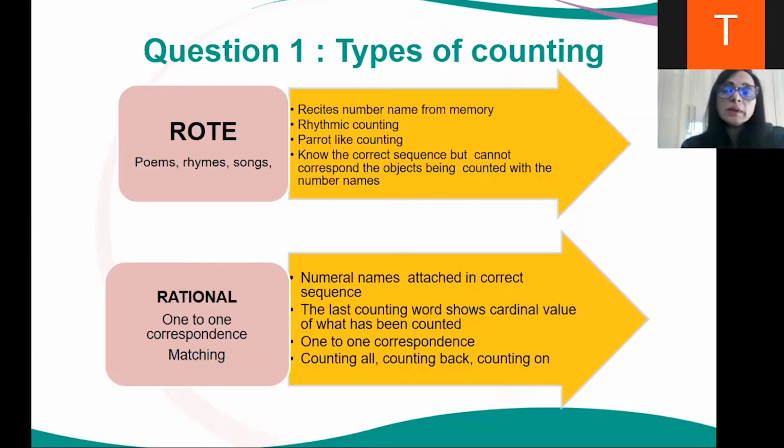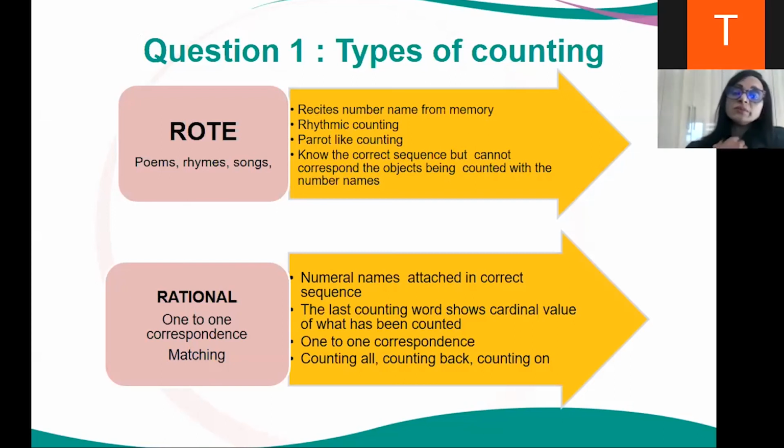Rhythmic counting, parrot-like counting, 1 to 10. Now you say it. The parent tells the child, you say it, and the child repeats like a parrot. They know the correct sequence, but cannot correspond the objects being counted with the number name.